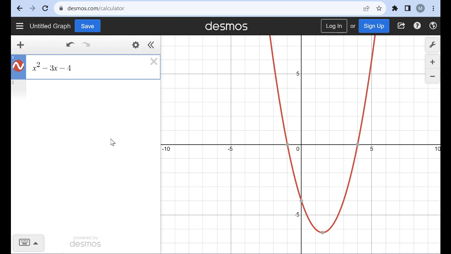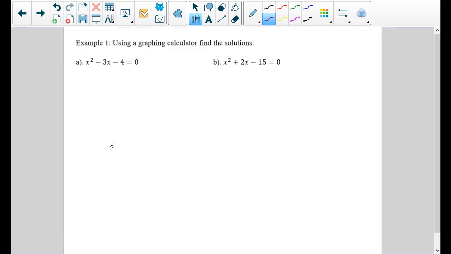It all depends on what you're using to calculate your solution. Okay, so we're using graphs. So x-intercepts is what we're looking for when we're graphing it. Okay, so x-intercept, x-intercept. If I click on them here, -1 and 4. So when I look here at my solution, x equals -1 and 4.